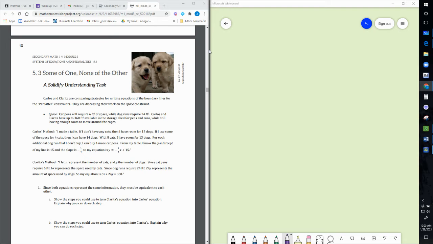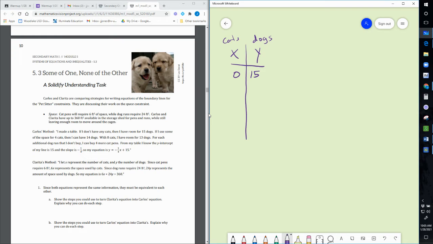So let's go ahead and start doing what Carlos said, right? Carlos said he made a table. We already determined before that X is cats and Y is dogs. And so Carlos said that he made a table, and he realized that if he had no cats, then he could have 15 dogs.